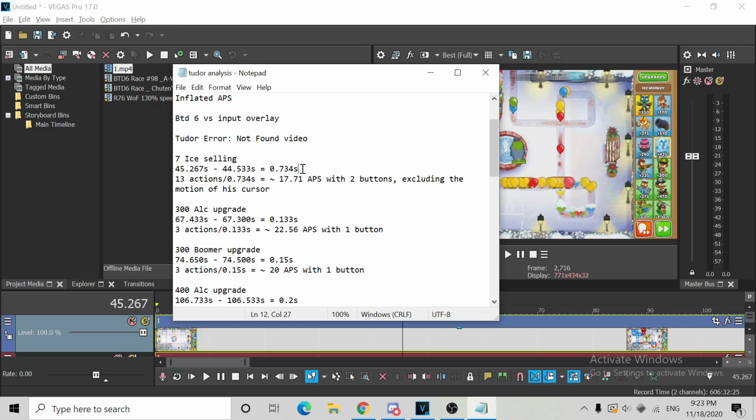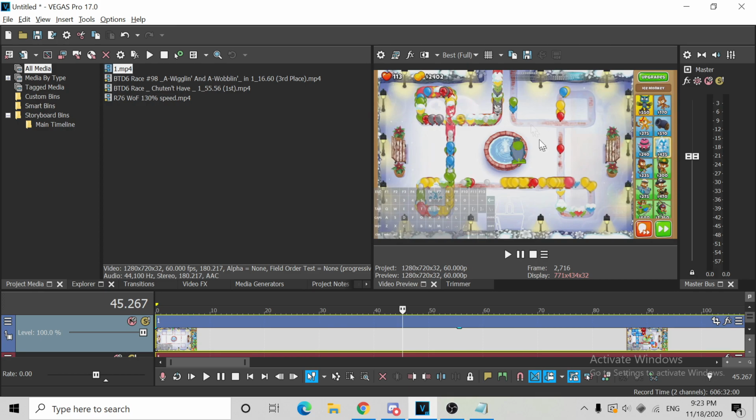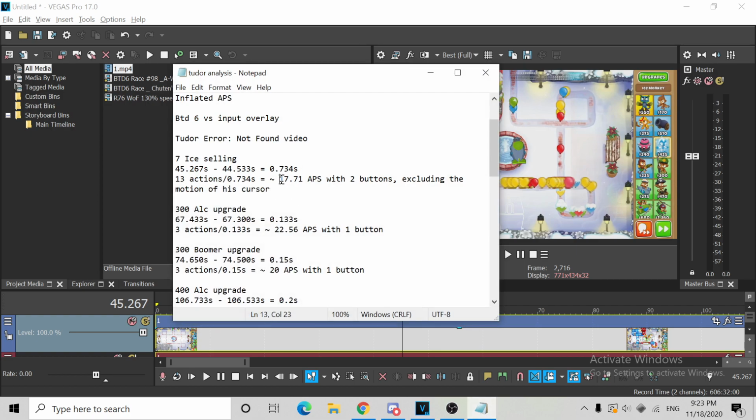And that's 13 actions over a span of 0.734 seconds, which gives us about 17.71 APS with 2 buttons, excluding the motion of his cursor. Because as you can see here, he has to move quite some distance for some of the selling. So that's going to be slowing him down a little bit. So this should be around maybe like 20, I don't know.